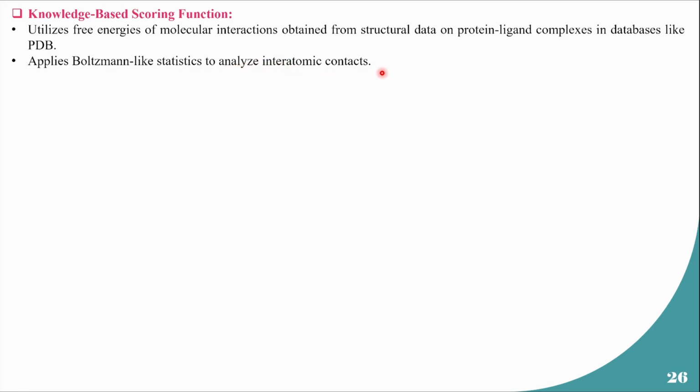I think we went over some examples of Boltzmann-like statistics in other classes, where based on some parameters, let's say population difference, you can calculate the energy of certain states. For example, we talked about free energy landscapes in terms of different values.